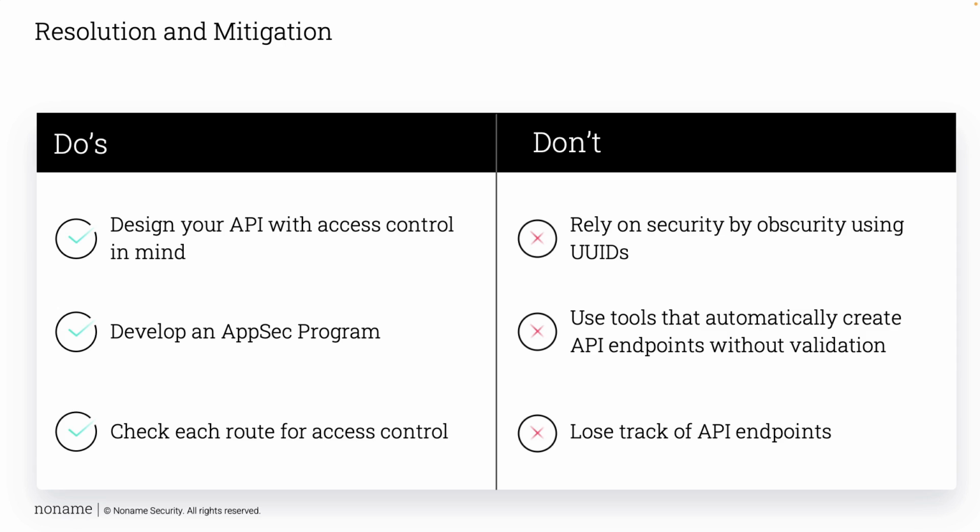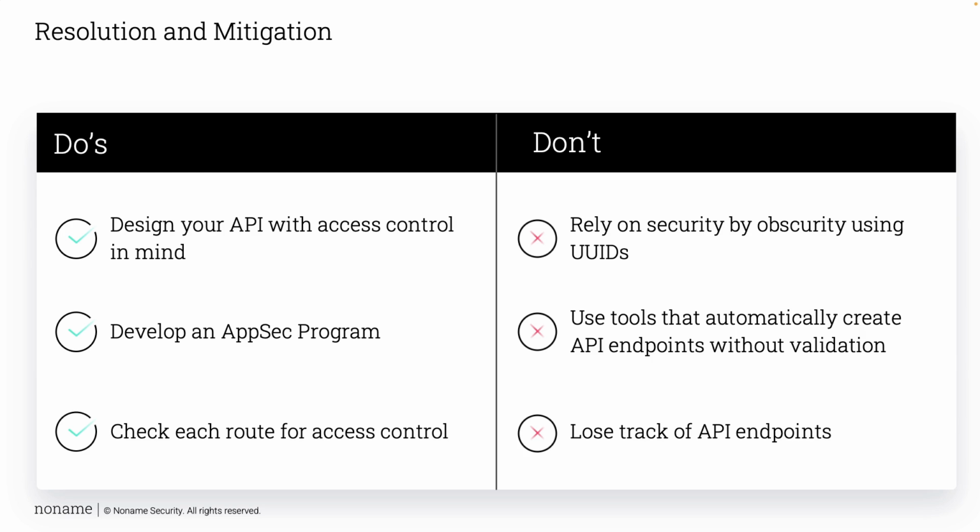It's really important, in addition to this, to develop an AppSec program which supports developers and security engineers to produce or fix vulnerabilities, producing really nice, clean code. Each route should really be checked for access control, thinking about that wider access control model that might be in play.